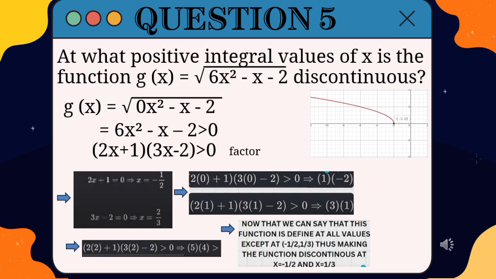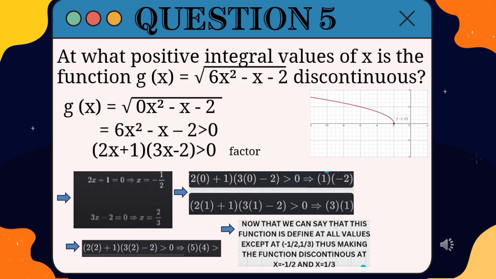Now, after solving, we have 3 intervals: negative infinity to negative 1/2, negative 1/2 to 2/3, and 2/3 to positive infinity. Shall we try to solve this to prove that this is not equal to 0? On the top here, this is the interval of negative infinity and negative 1/2.